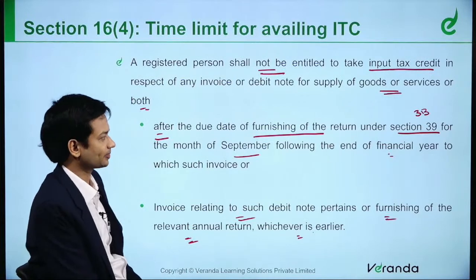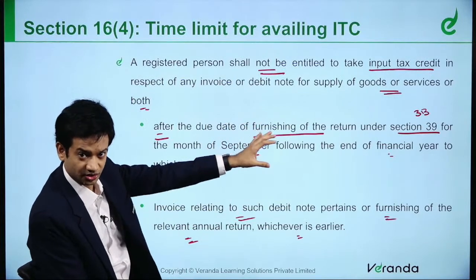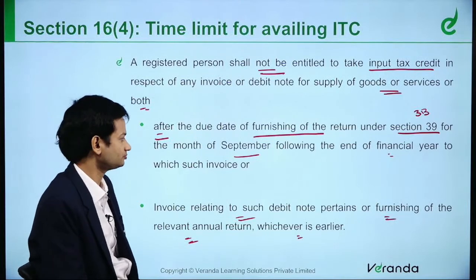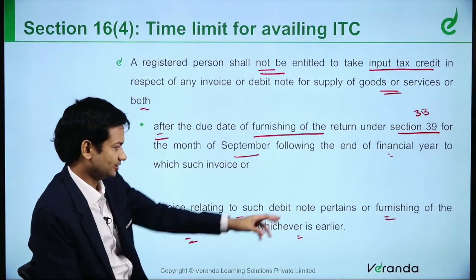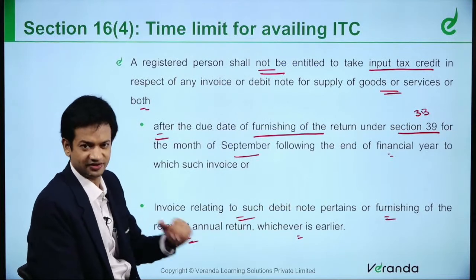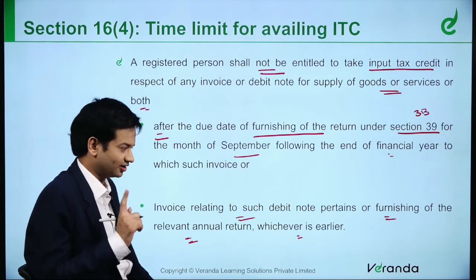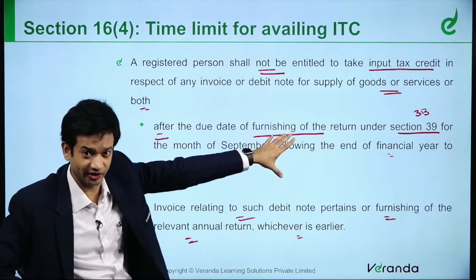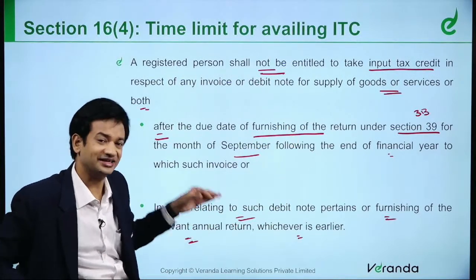So basically they are saying the date of furnishing return under section 39. So for September it is 20th October, or the furnishing of annual return, whichever is earlier, not the due date of annual return. Please note here, not the due date. Here it is the due date for September return, that is 20th October, but for the annual return they are saying the date of furnishing.